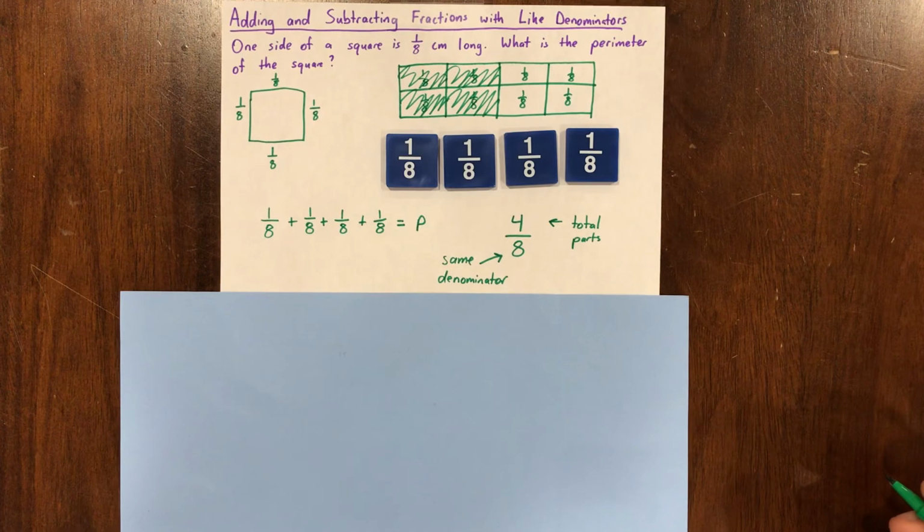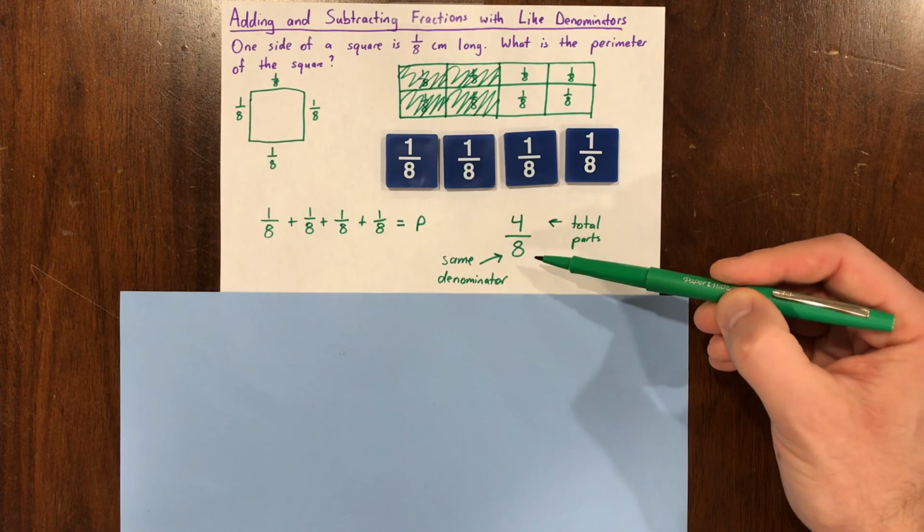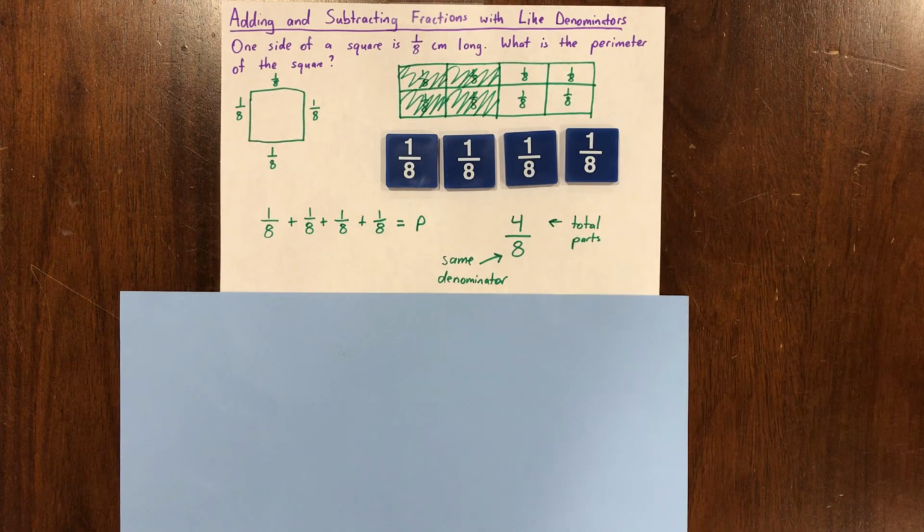Okay, so why does this make sense? Why would it be the case that the numerator would change, but the denominator would not when we're adding a fraction with the same denominator? Say it out loud. Right.